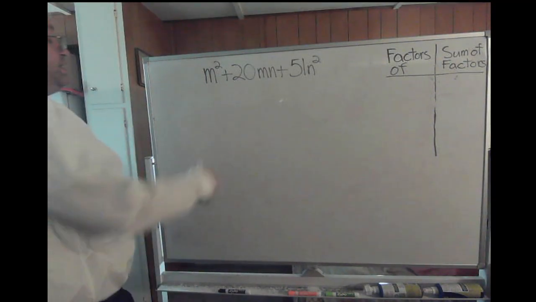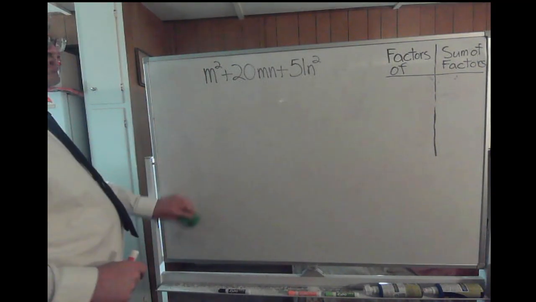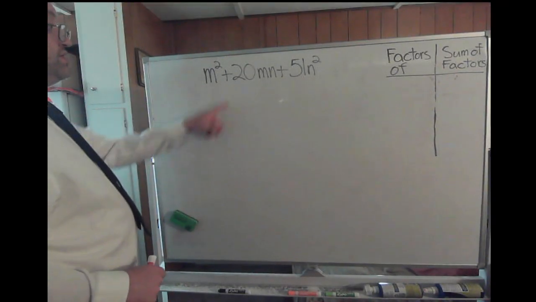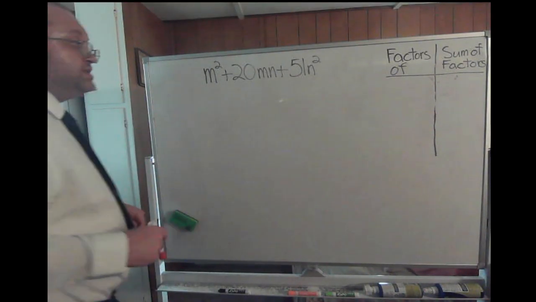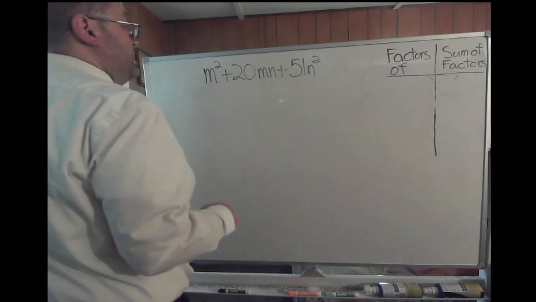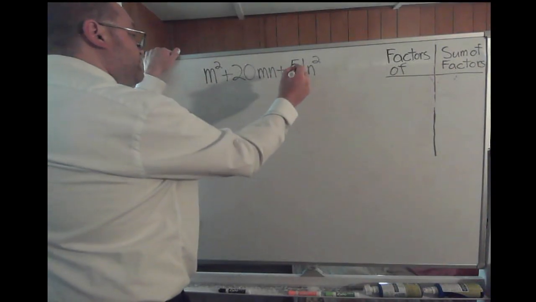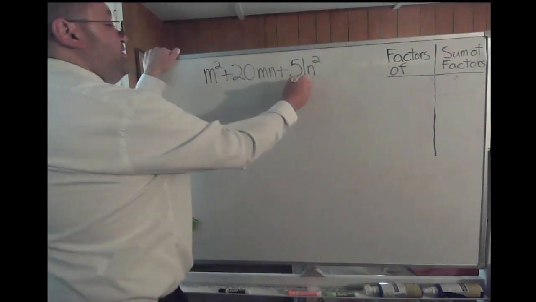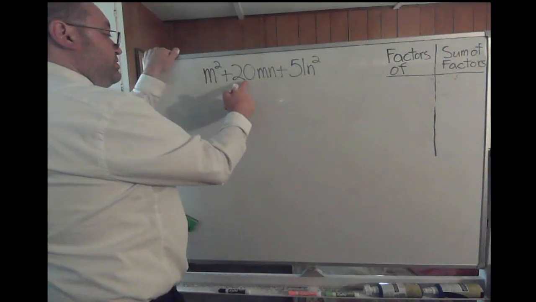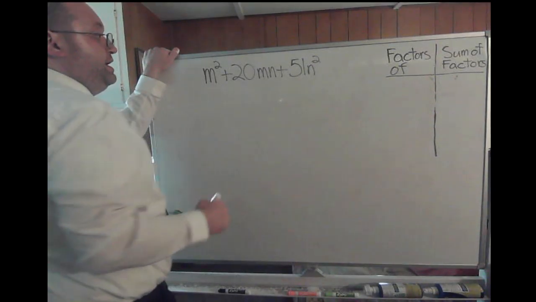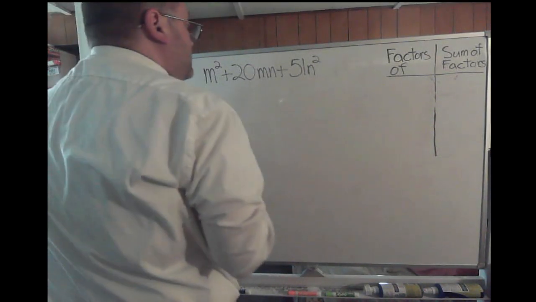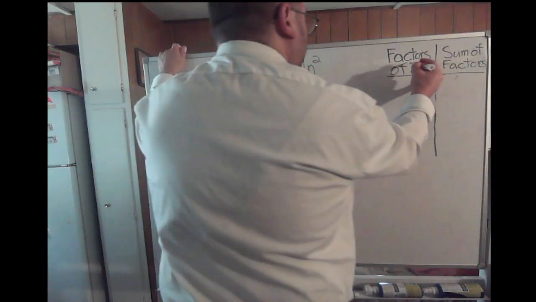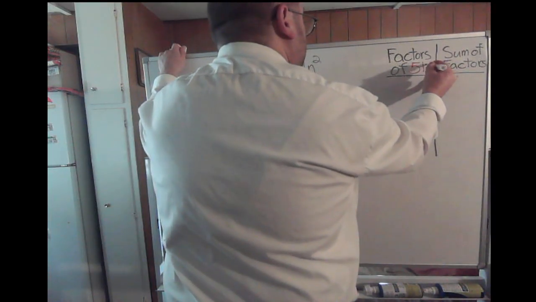Alright, so we got m squared plus 20mn plus 51n squared. Well, the coefficient on the m squared term is 1, so your life's going to be easier than it would be if it wasn't. Now we need to find factors of the coefficient of 51 that, when added together, equal the coefficient of 20 in the middle term. So factors of 51n squared.